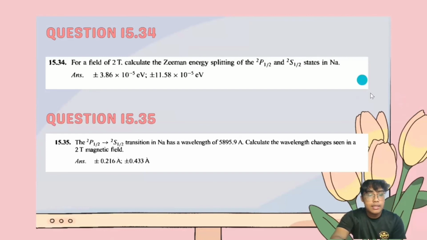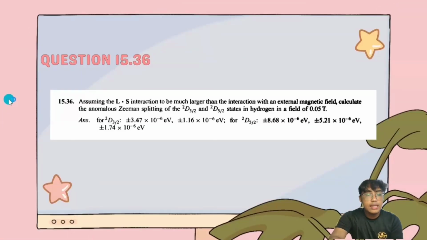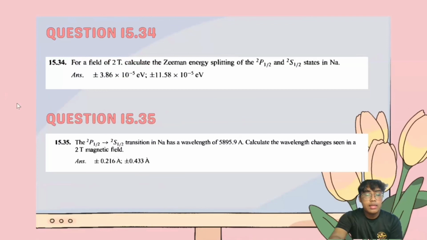So the answer is plus minus 3.86 multiplied by 10 to the power of negative 5 electron volt, or plus minus 11.58 multiplied by 10 to the power of negative 5 electron volt.